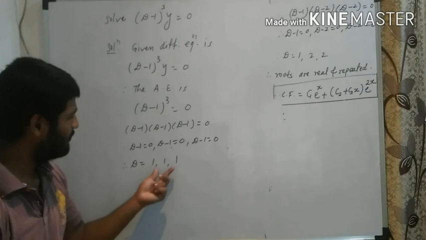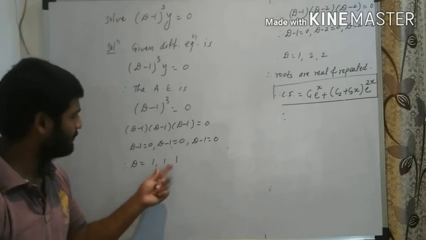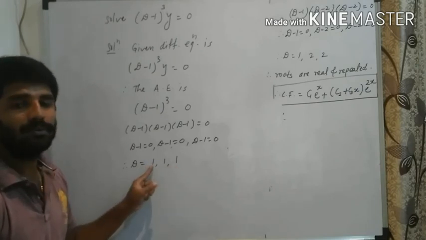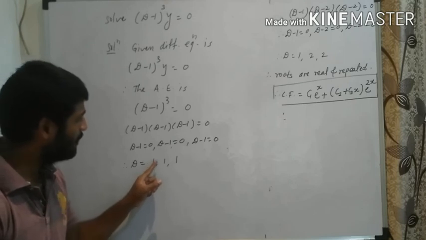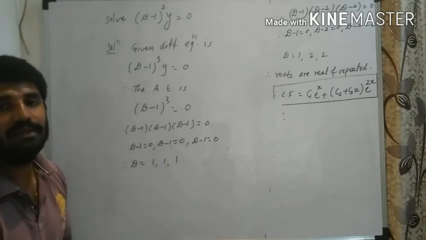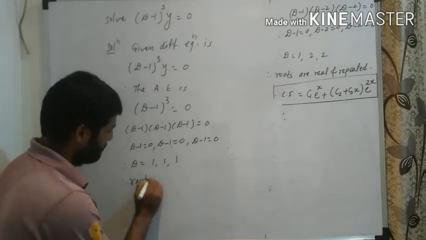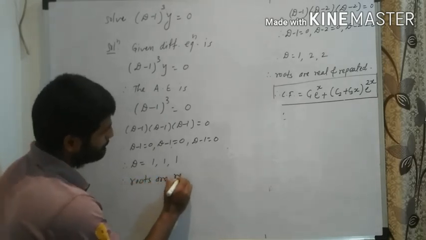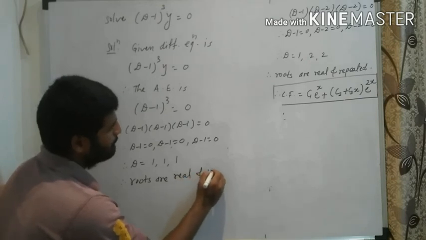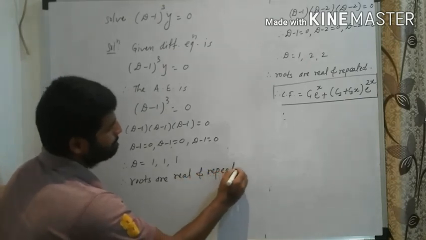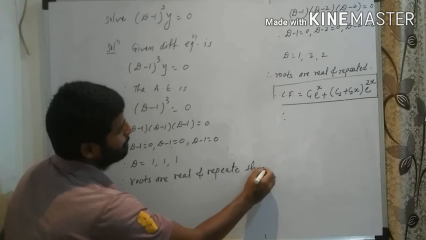If we observe these roots, we observe that 1 is a root which is real and repeated 3 times. So therefore roots are real and repeated 3 times.